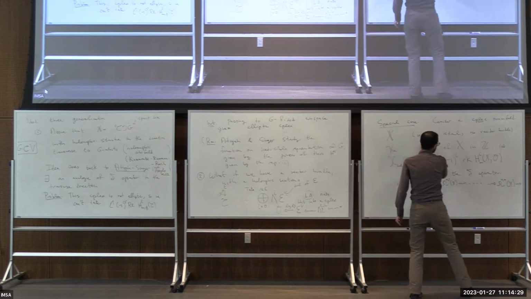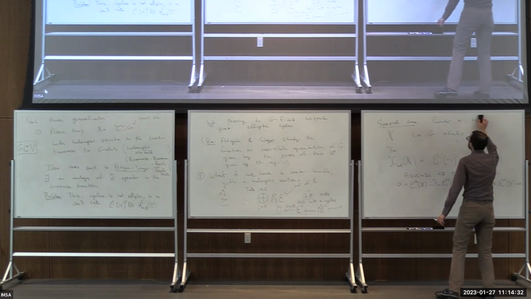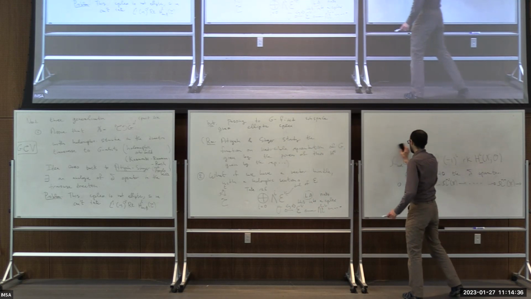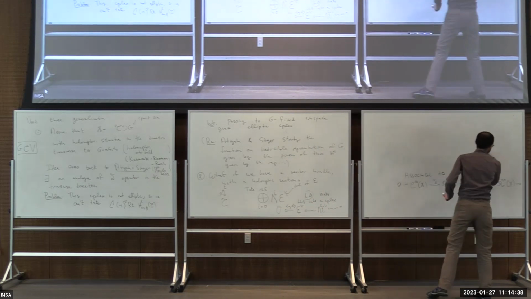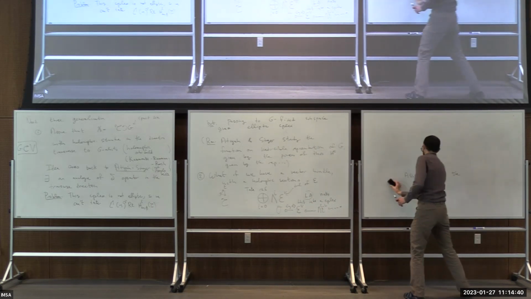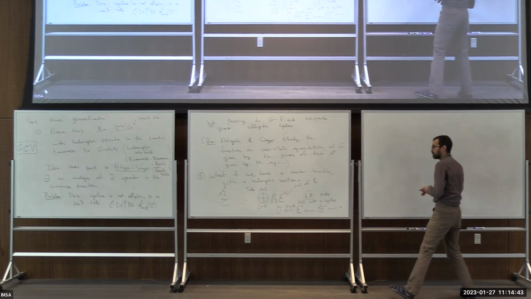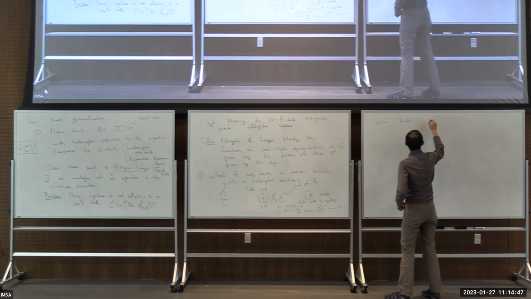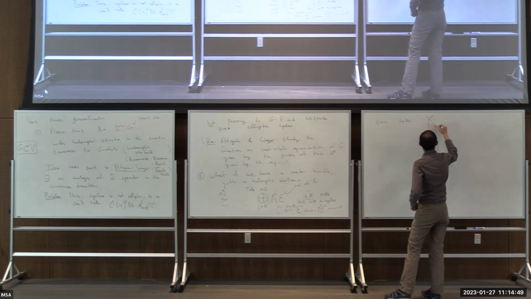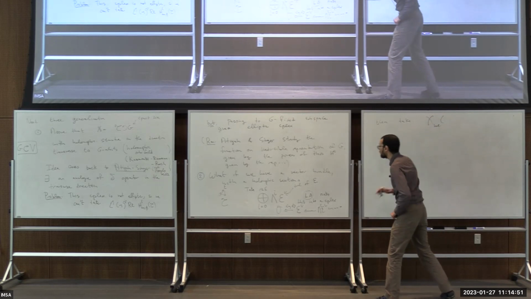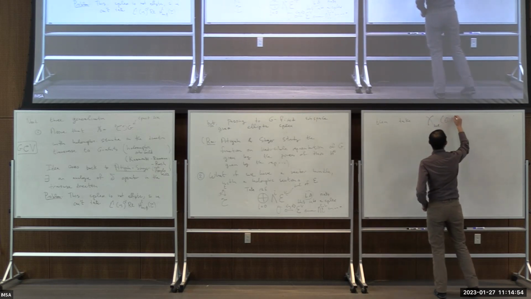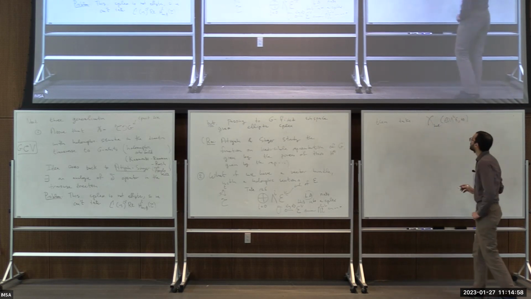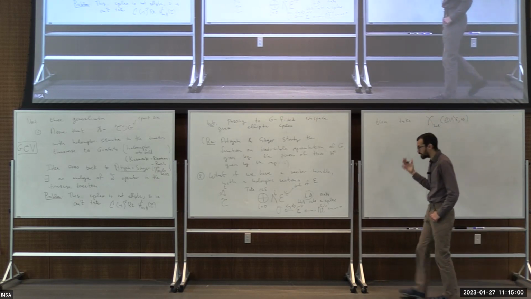Then you do the same thing: you take the homological characteristic of this complex of holomorphic vector bundles, and that's pretty cool.